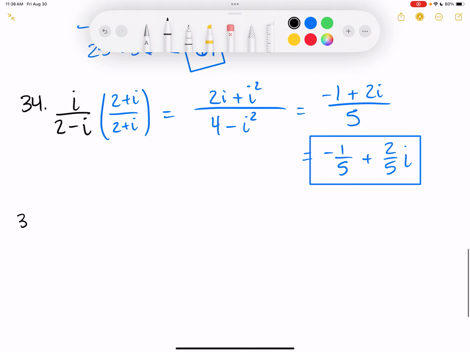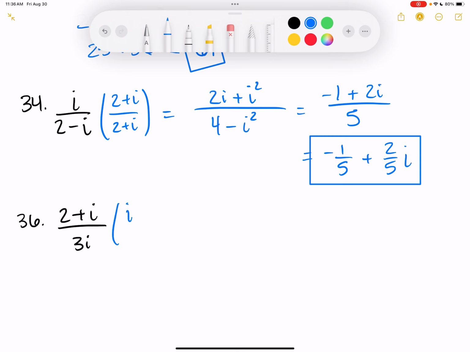Now one that's a little different: 2 plus i on top over 3i on the bottom. The problem is I have an i on the bottom, so how do you think I need to get rid of that? Multiply it by i. Yep, I'm multiplying the whole thing by i over i. I don't need to do plus 3i or minus 3i because it's just a single term.